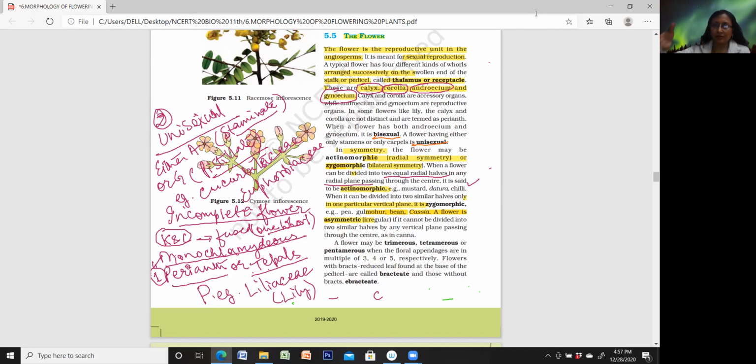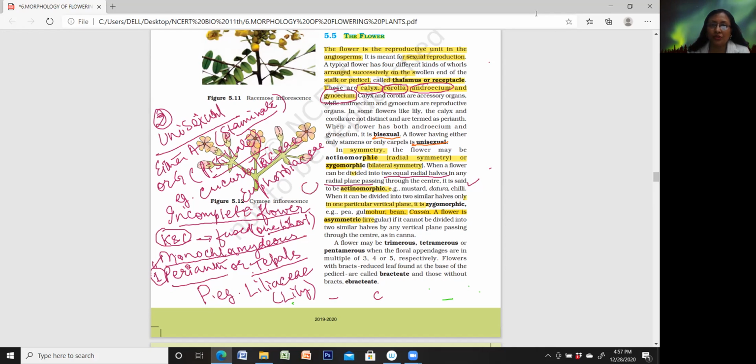Any plane you can cut, but the flower will cut into equal halves. I'll show you by a simple diagram. If so, you call such flowers actinomorphic. If you can cut it into equal halves passing through any vertical plane, you call it actinomorphic.